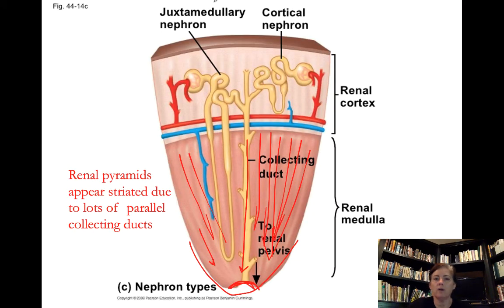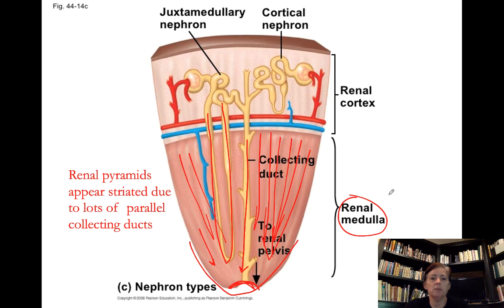nephron is called a juxtamedullary nephron, and that's what we see here. Juxtamedullary nephrons have really long loops of Henle, and they dive way down into the medulla of the kidney, and they are responsible for creating very concentrated urine.